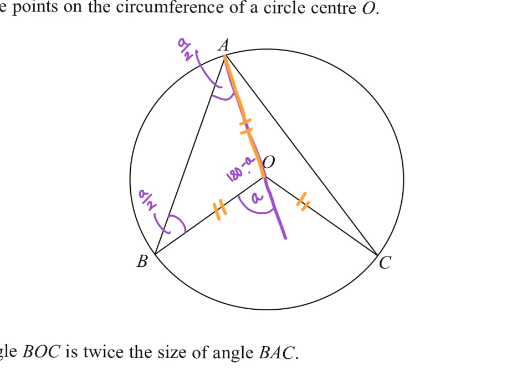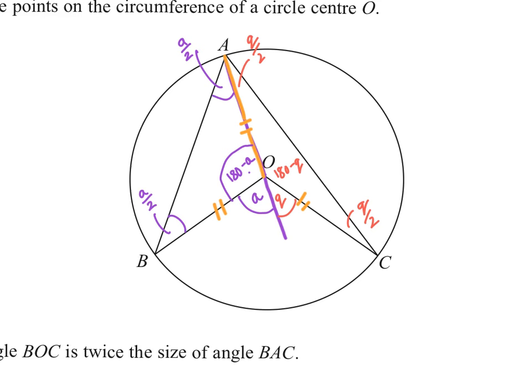Why? Because A over 2 plus A over 2 is just A, and if you add that to 180 minus A, you get 180. And then likewise, I'm going to call this angle here, say, Q. This will be 180 minus Q, and then these will be Q over 2 and Q over 2.